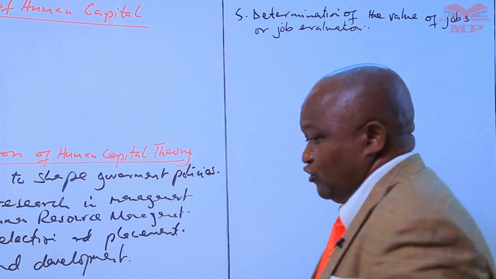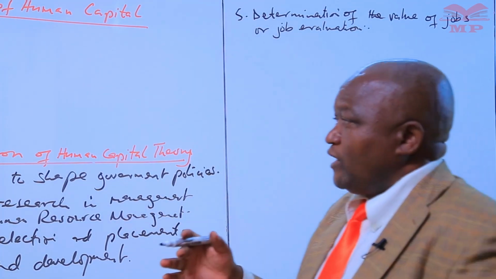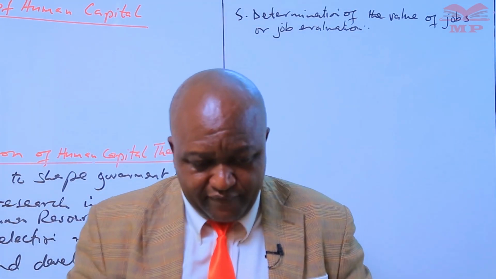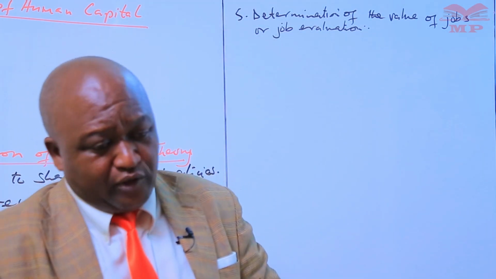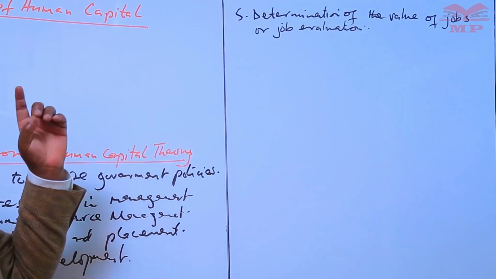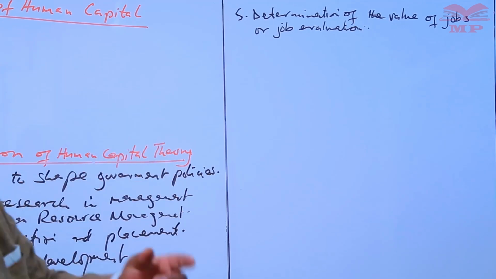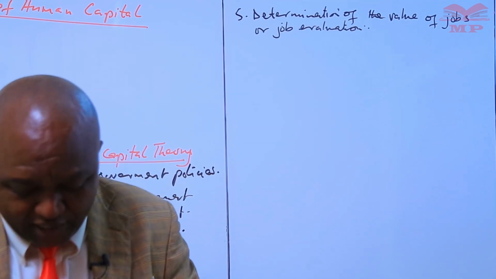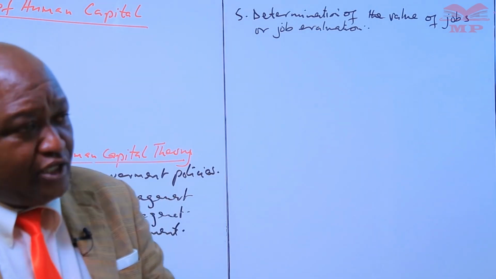When you are looking at how jobs contribute to a given work environment, or job evaluation, you may look at the human capital theory, look at its thinking, and make a decision. If you are looking at the value of jobs in a job hierarchy, does this particular job, for example, have equal value? Do they have equal measure, among other issues and so on?